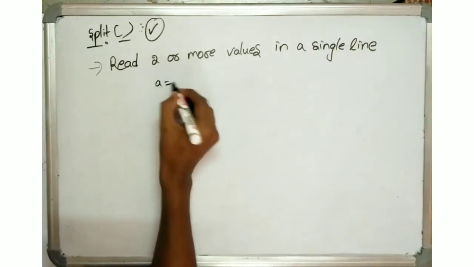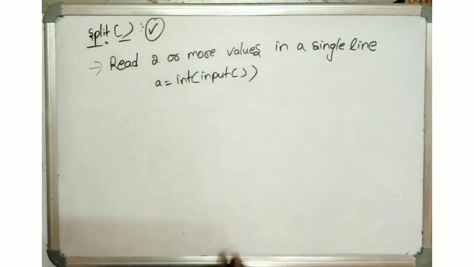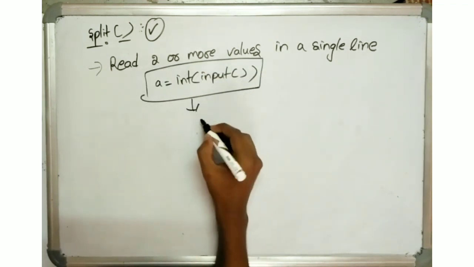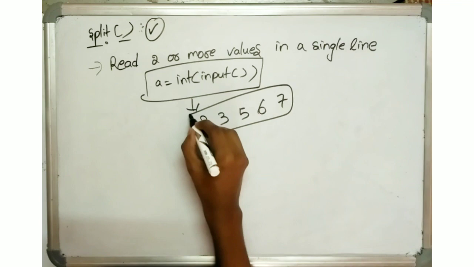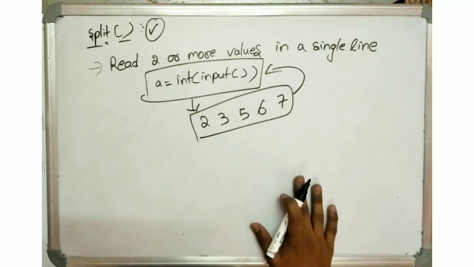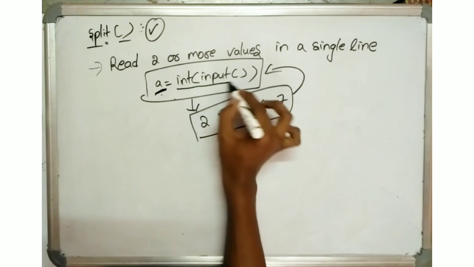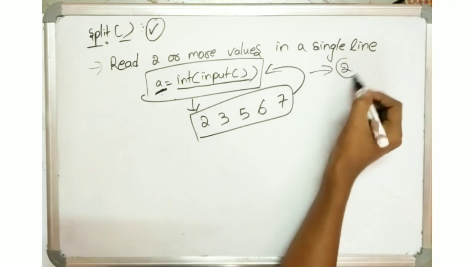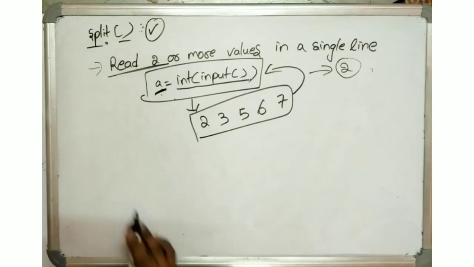Okay, if a is equal to int of input, and I give values like 2 space 3 space 5 space 6 space 7, will it accept or not? No, it cannot accept, because a is one variable and int of input takes only one value, which should be an integer. So we cannot meet this requirement.